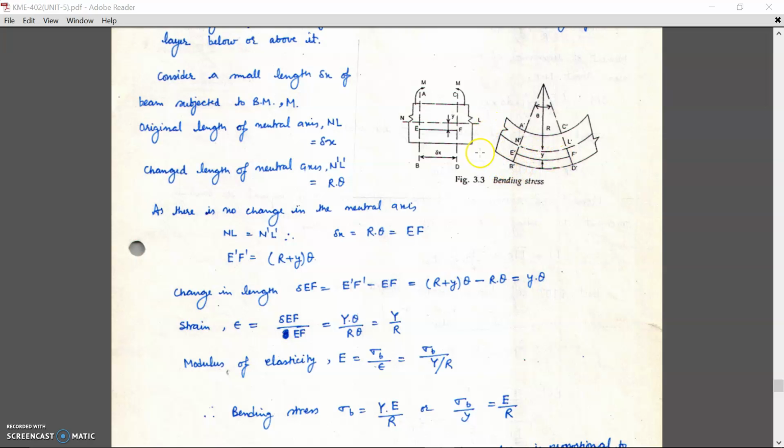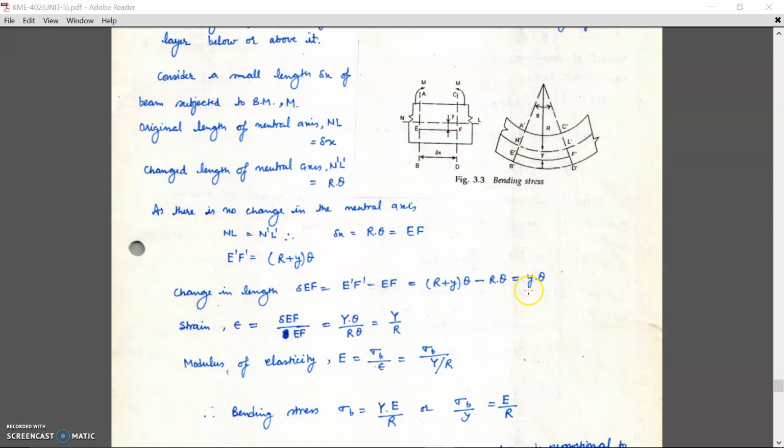So while bending it will not experience any type of force. That is why whatever the length of NL was, the same length will be of N dash L dash, and NL is equal to EF. That is why EF is equal to N dash L dash, and N dash L dash is r into theta. That is why EF is equal to r into theta.